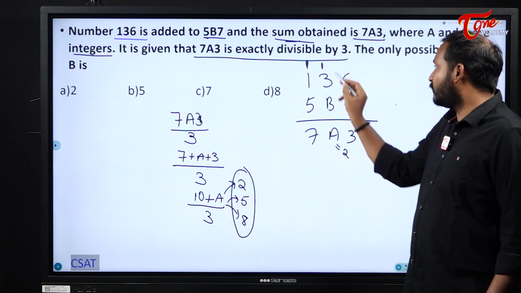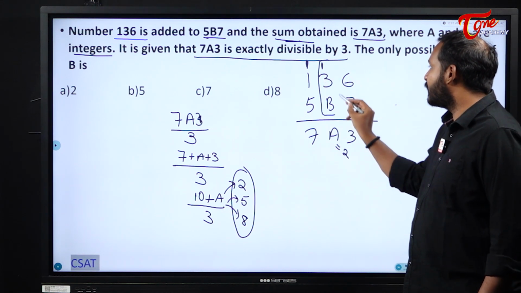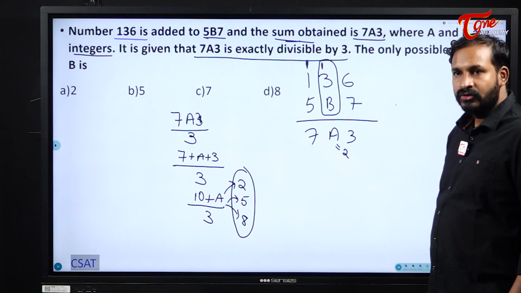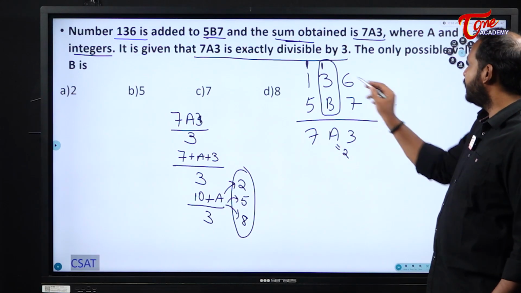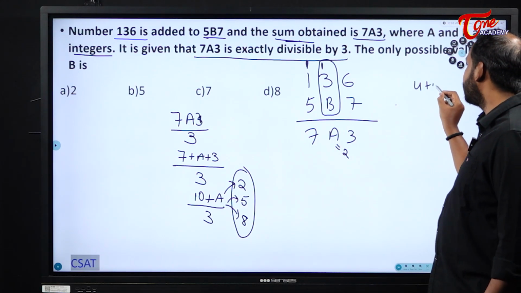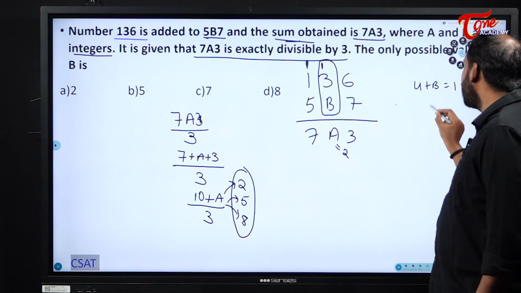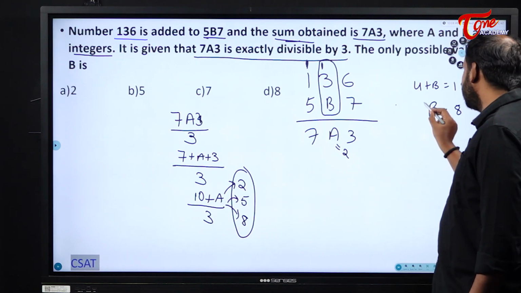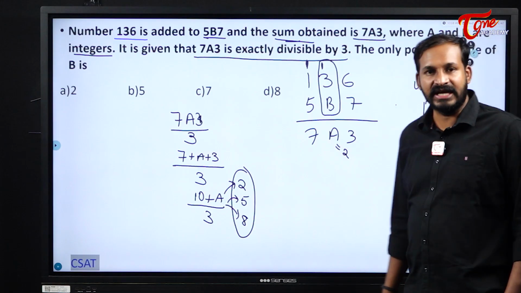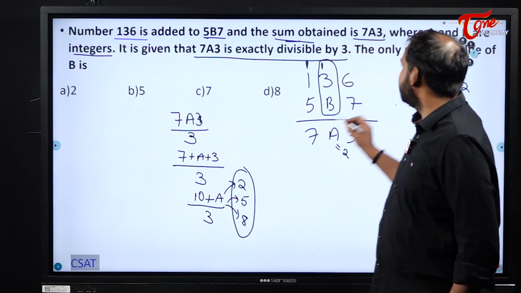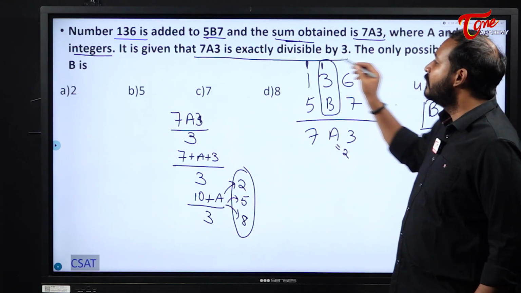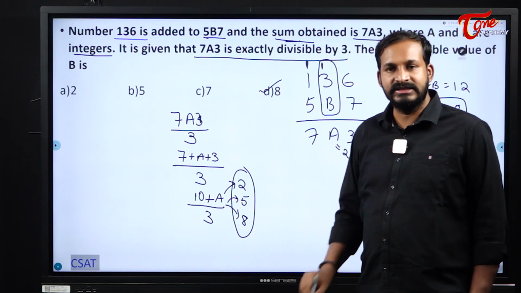So the total value of this column should become 12. That means 4 plus b should be equal to 12, then b becomes 8. There is a chance for 8, and they are telling that the only possible value for b is 8.